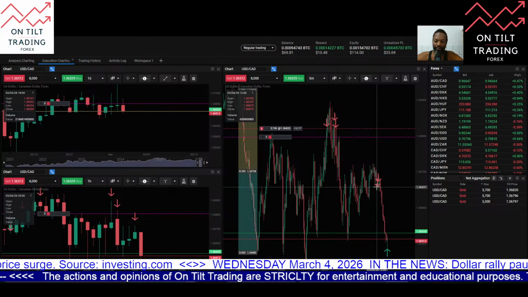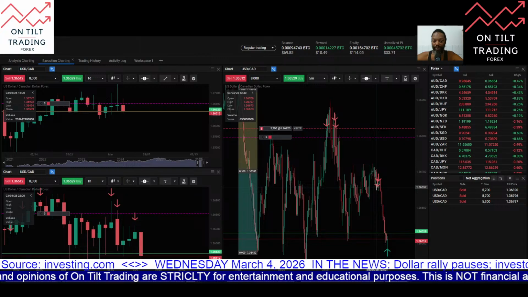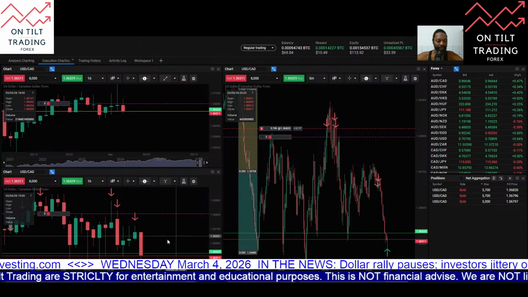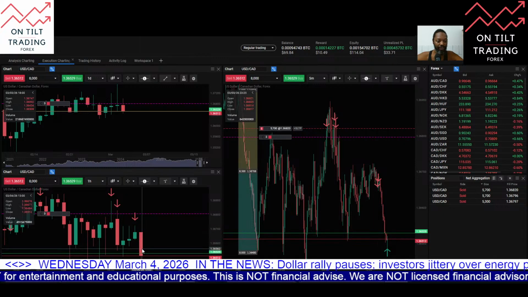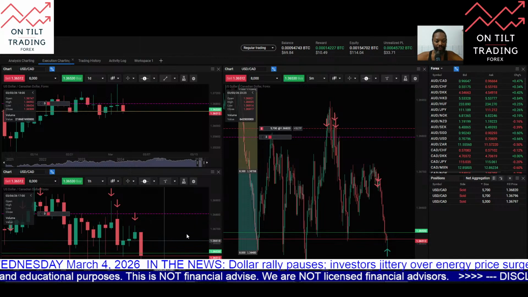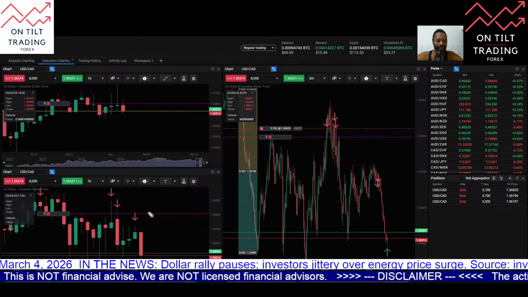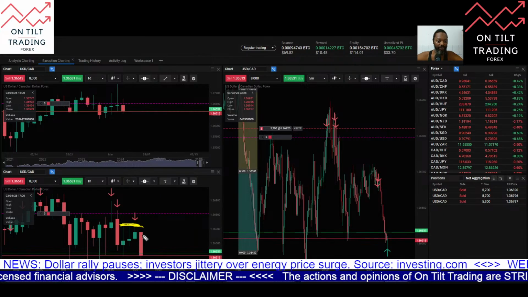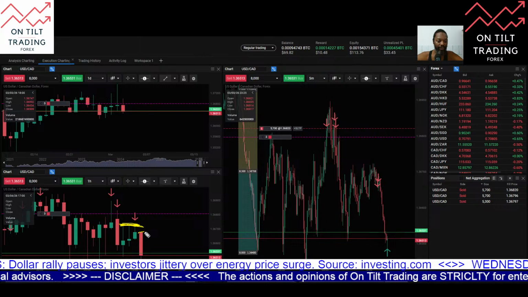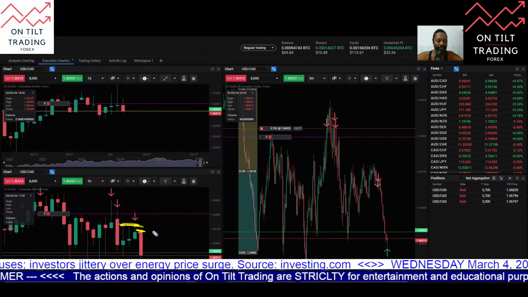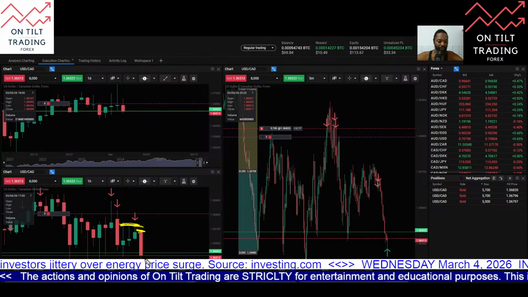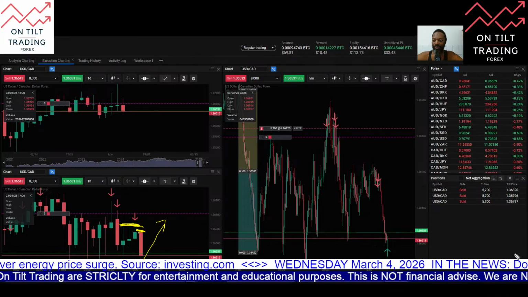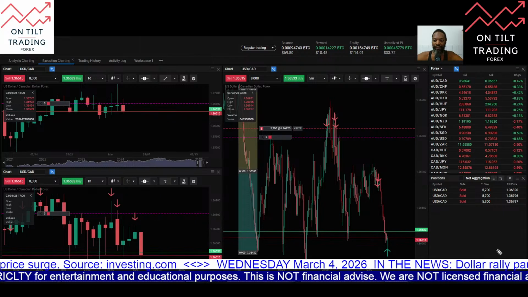That would be an option, just because price can certainly come back and deliver to the buy side here to stop me out. There are some levels here, some relatively equal highs here, and there's likely some buy side liquidity here. So this would be a prime opportunity for price to potentially redeliver here to the buy side.